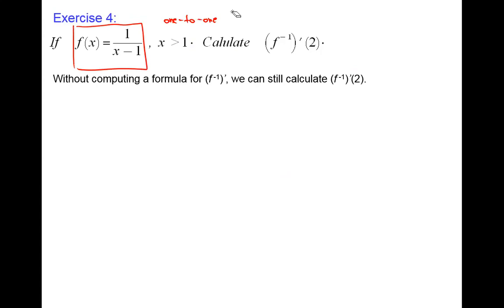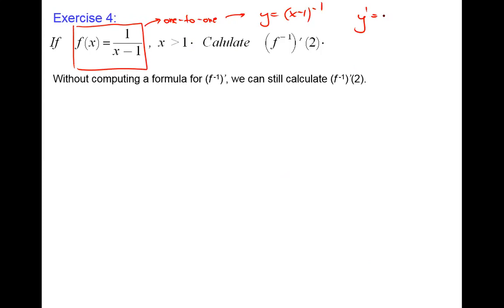Okay, slope, yes, derivative. That means let's actually rewrite this function like that: x minus 1 to the power of -1. Right? This is just this function. And now, derivative.